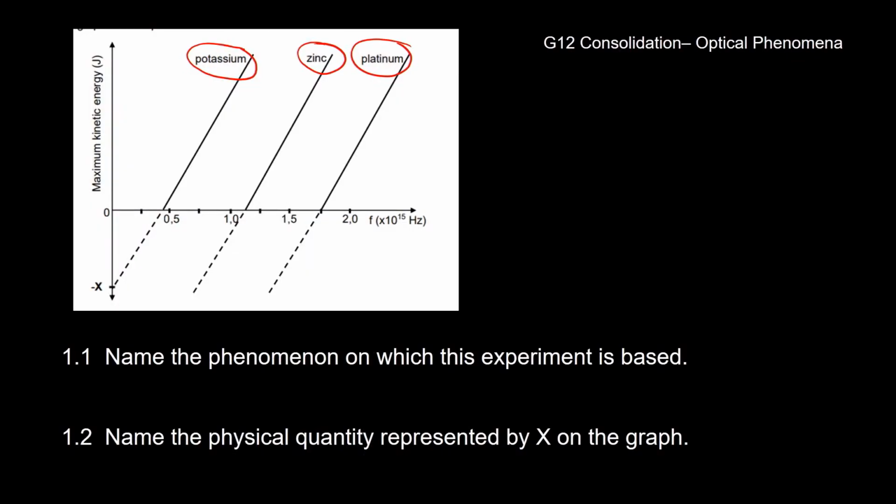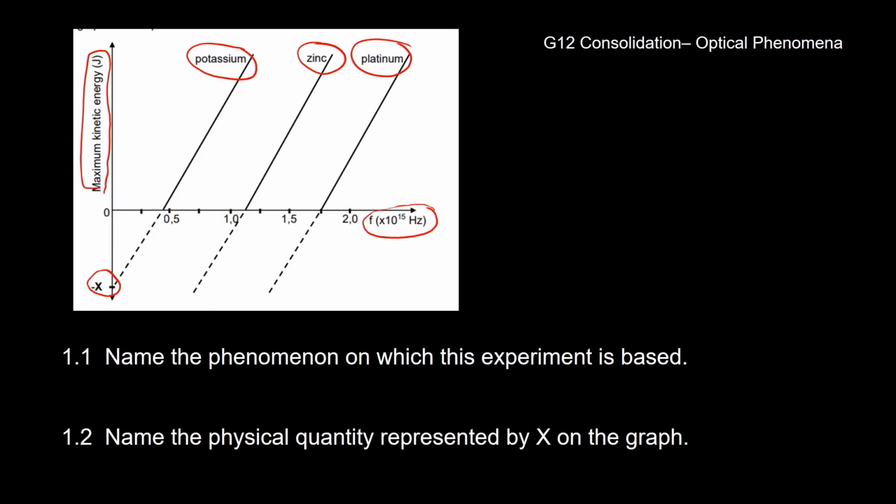On the y-axis, we have got maximum kinetic energy. On the x-axis, there is frequency, times 10 to the 15 hertz. And then over here, there's a minus x. That's interesting, isn't it? Let's see what that's going to bring us.